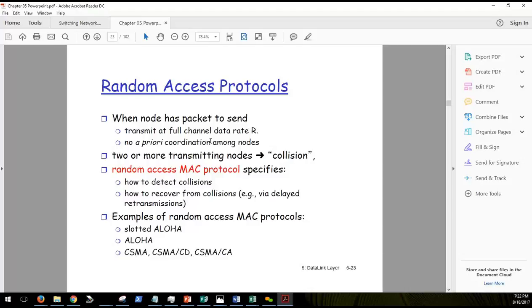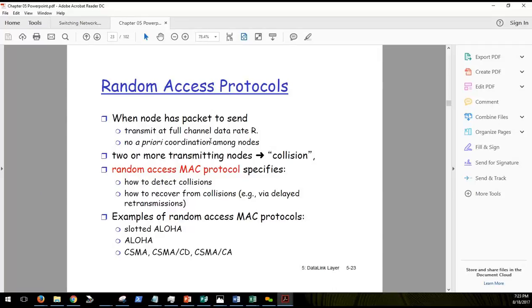So now we're talking about random access protocols. In this particular case, when a node has a packet that it wishes to send, it essentially transmits at the full channel data rate of R, okay? There's no prioritization or coordination among the nodes, okay?